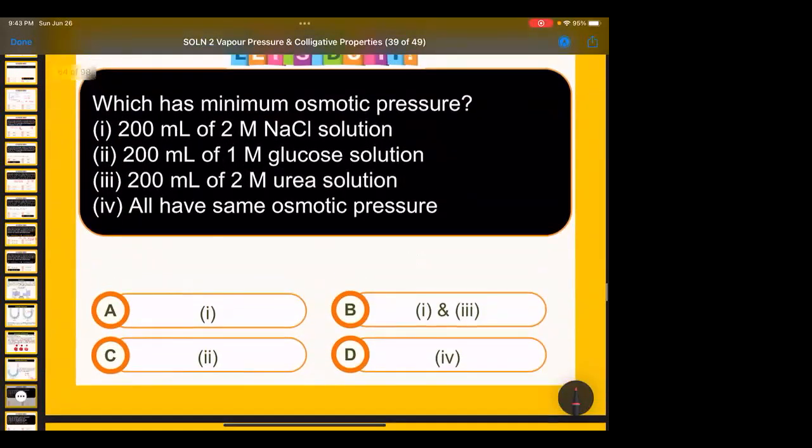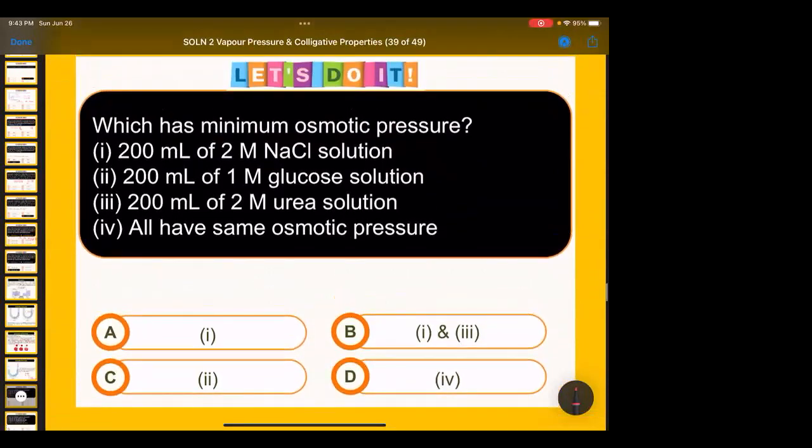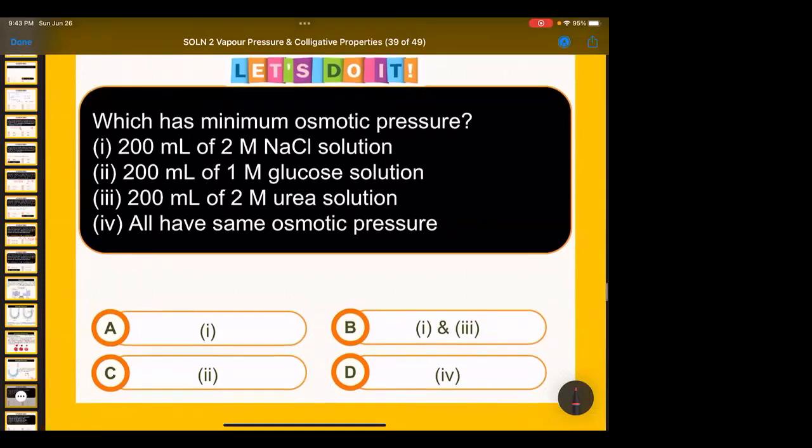So let's do our first problem of osmotic pressure. It is a colligative property.